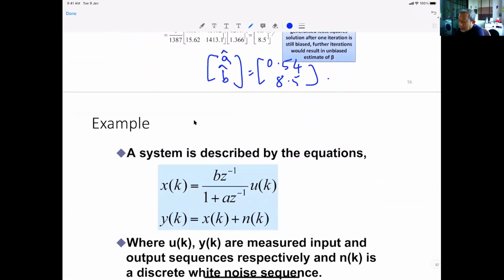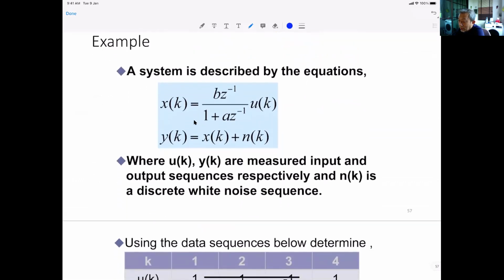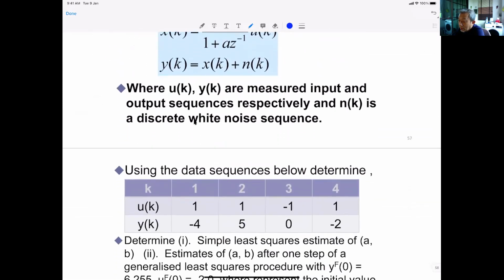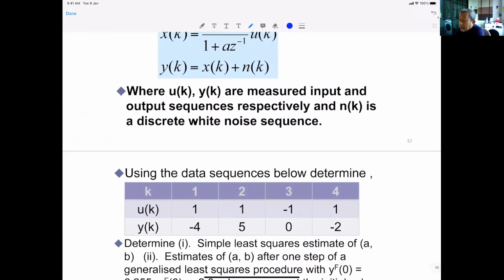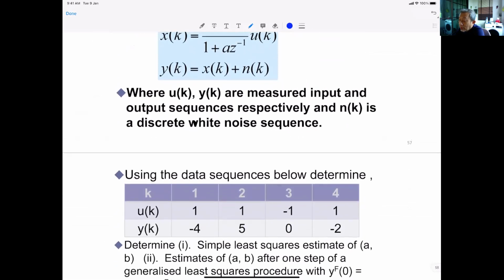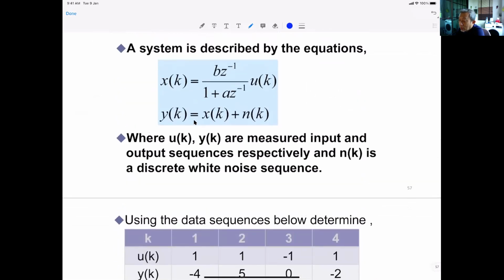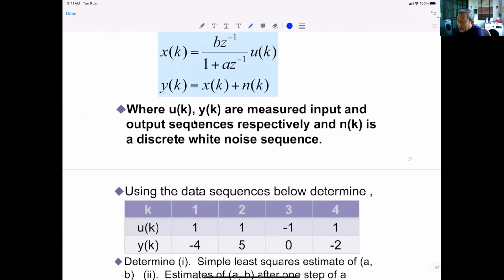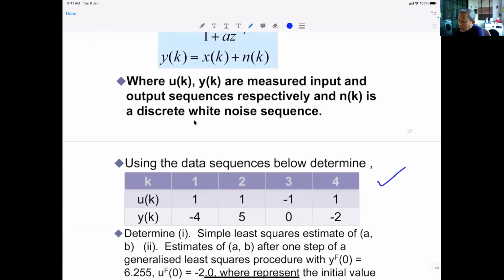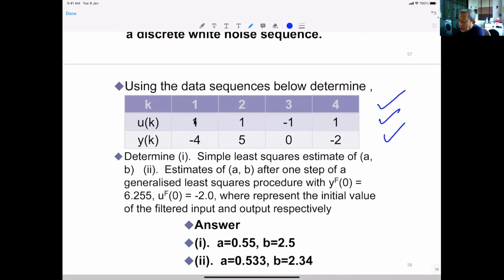Then there is one more example, shown here, with similar but different data. You have unfiltered data, UK and YK, using a simple least square estimate and estimated one-step generalized least square with the initial conditions YF0 6.22 and UF0 minus 2.0.